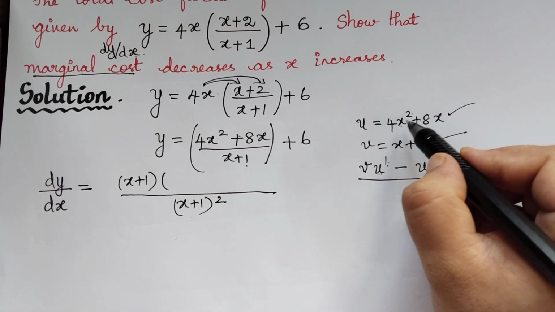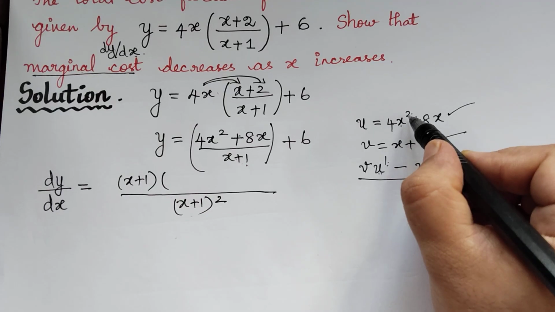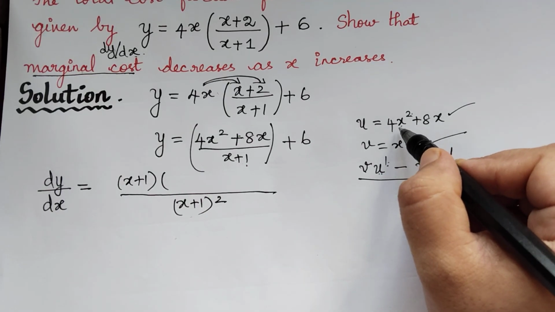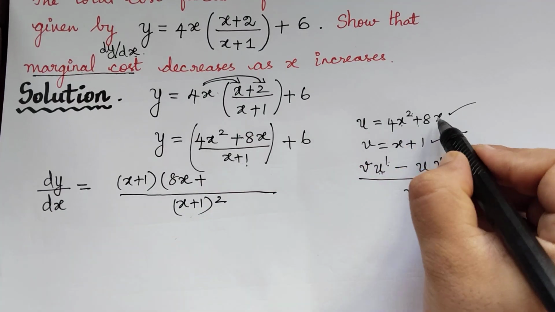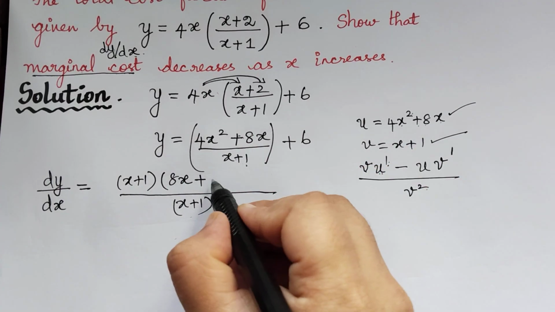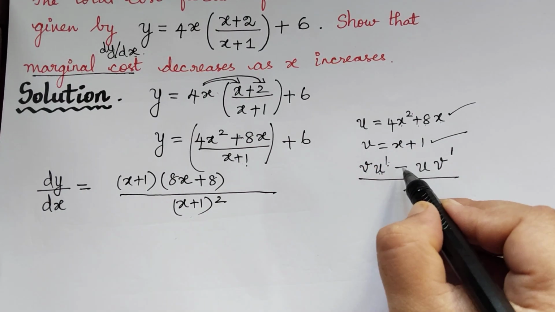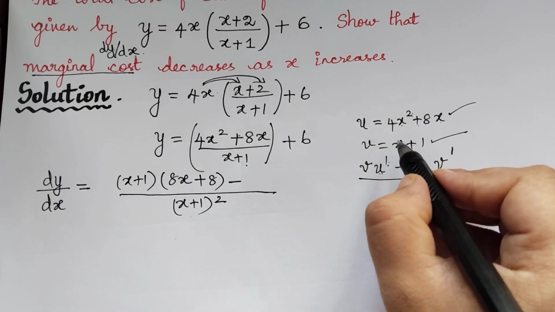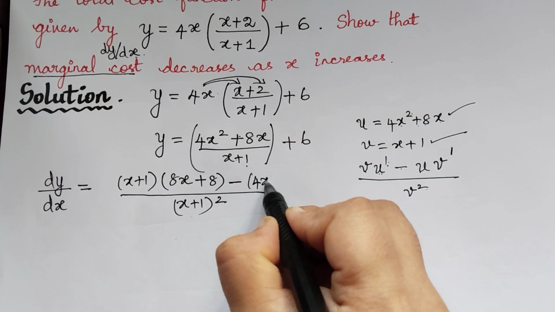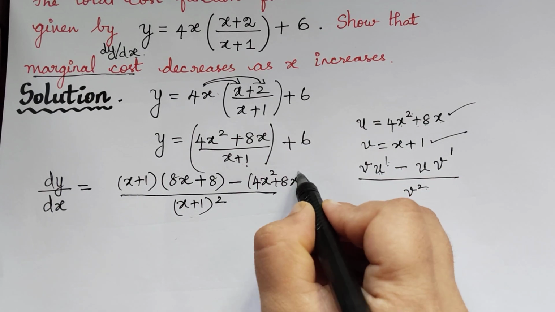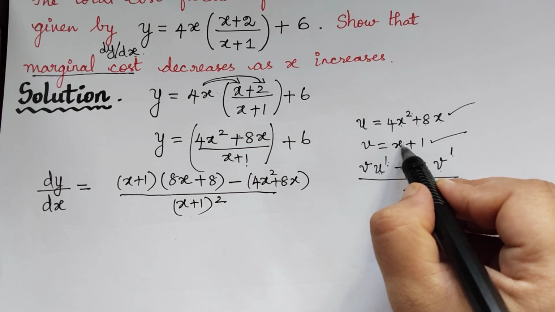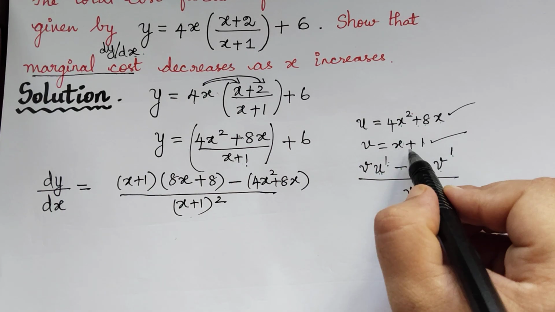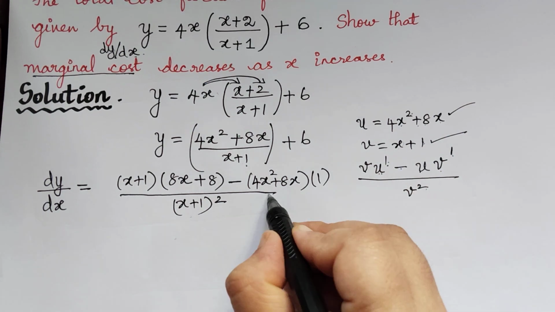So 4x square when differentiated gives us 4 twos are 8, so we will get 8x, plus differentiation of 8x, which is 8. Then minus u, which is 4x square plus 8x, multiplied with v dash, the differentiation of v. The differentiation of x is 1 and the constant is 0, so multiplied with 1.